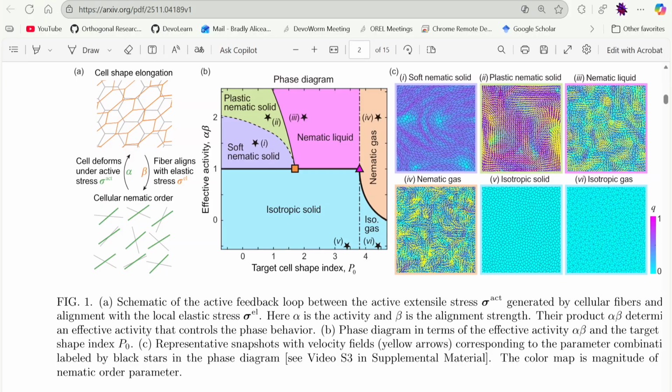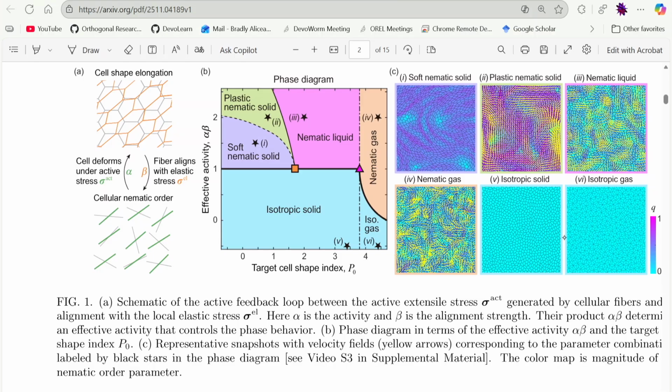Plastic nematic solid, which is the region that they say is this new thing that they've discovered in the paper, and we'll see this in a minute. And then soft nematic solid underneath that. So plastic nematic solid is this region here in green. It's high effective activity, low target cell shape index.